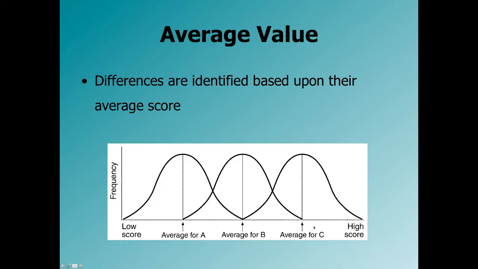That means that the average value for the C distribution is greater than the average value for the B distribution, and the B distribution average value is higher than the average value of A. So although the frequency might be the same, and that's why they have the same height, although the variability might be the same, because that means they have the same spread, the same width, the average value differs, okay? So when we're examining distributions, we always need to take into account the average value of the distribution.